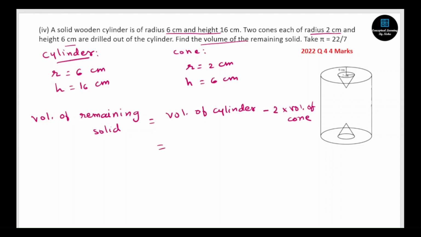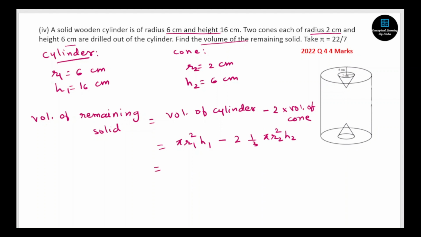Now, volume of cylinder, we already know the formula. It is pi r square h. I'll just write this as r1 h1 and r2 h2, to not make the confusion. Minus 2 times 1 upon 3 pi r2 square h2.